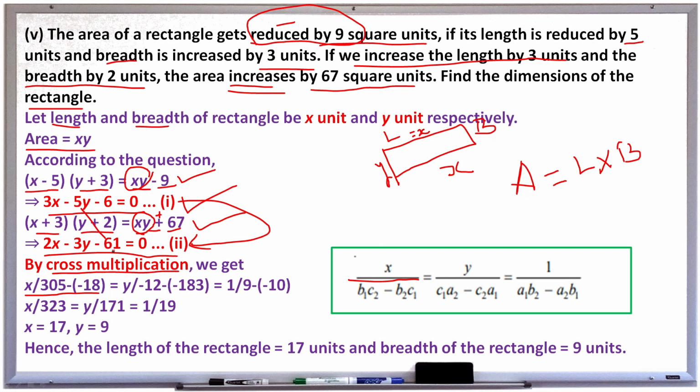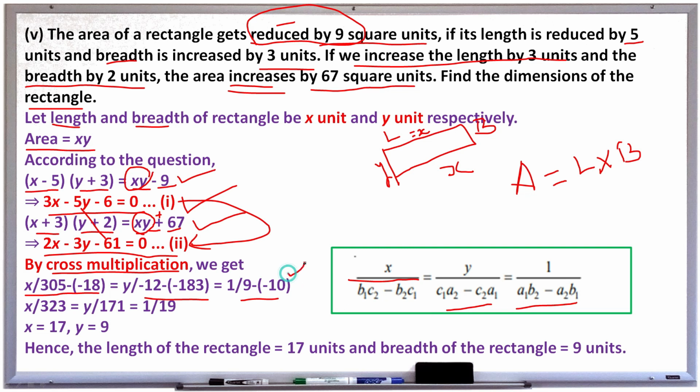So 5 61s are 305. Then minus 3 into minus 6, 6 3s are 18, minus of minus 18. Then is equal to y by, again we are using c1 a2 minus c2 a1. If you put the value, you will get this one, and 1 by a1 b2 minus a2 b1.